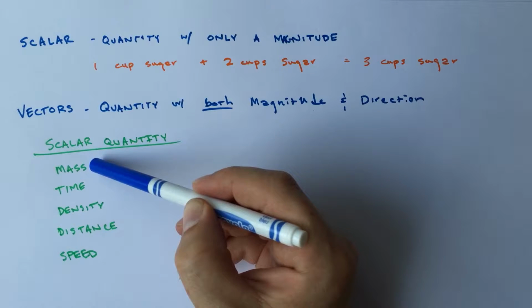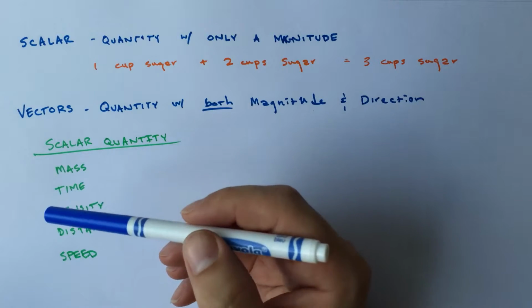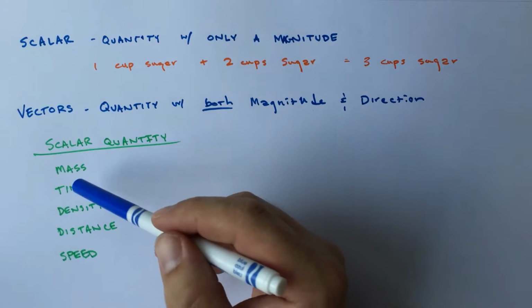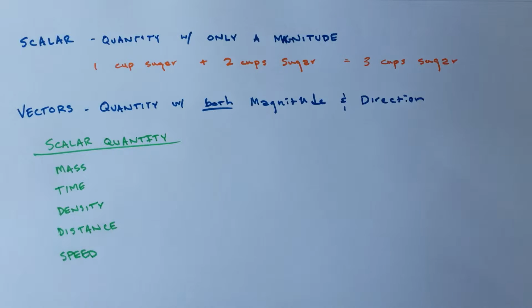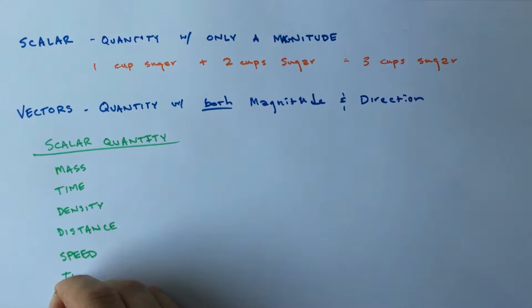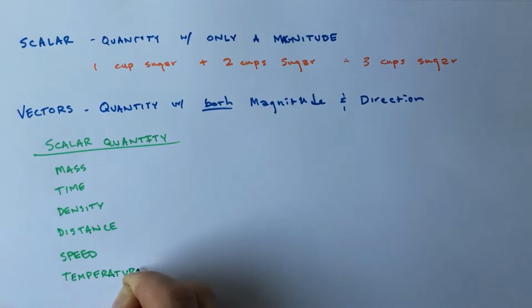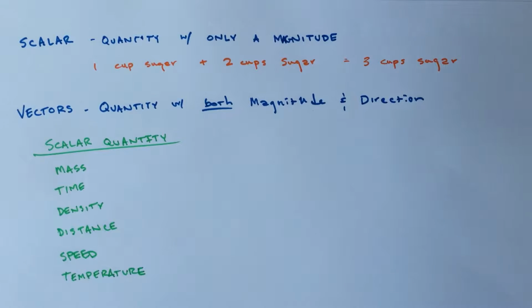If I was to tell you that I had a mass of 100 kilograms, you wouldn't ask, well, which direction is that? Temperature, for example. If it's 70 degrees outside, it doesn't matter which way it's going, right? It's just that's the temperature outside.